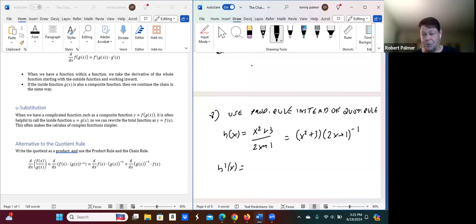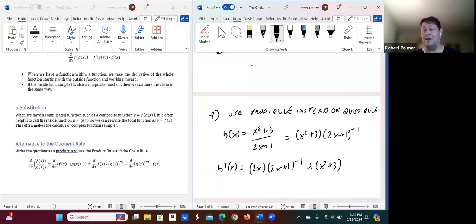The derivative of this function, since the derivative of a constant is 0, is going to be 2x times the second function, which for right now is still 2x plus 1 to the minus 1. Then plus the first function, not the derivative, just the first function, x squared plus 3, times the derivative of the second. Now is where we bring in the chain rule.